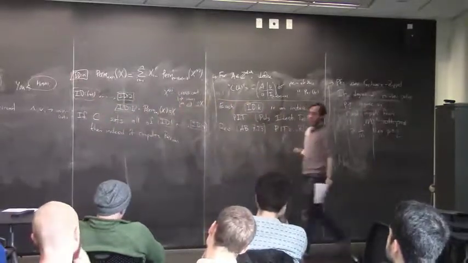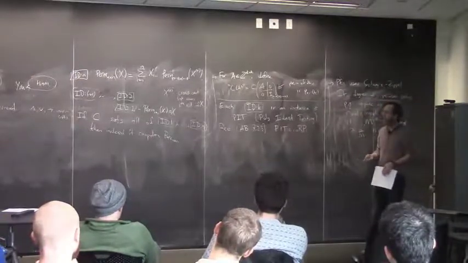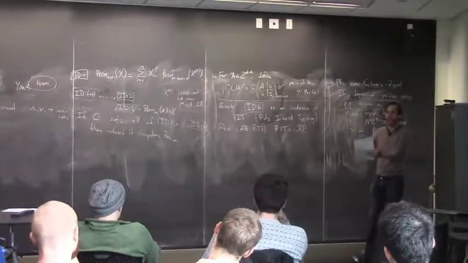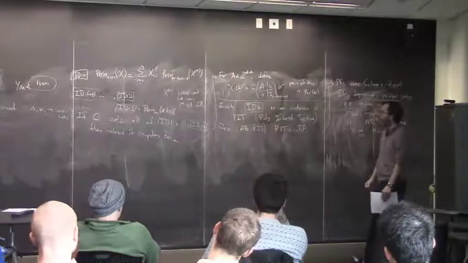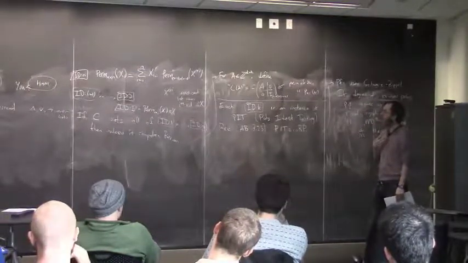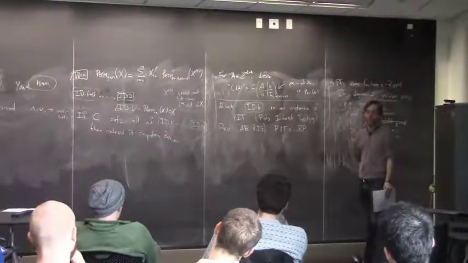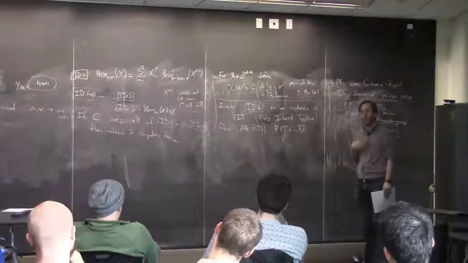Roughly speaking, if you do that, one of two things will happen. You'll either find a bug, and then you'll say, sorry, you gave me a bad circuit. Or you'll become convinced that maybe C does not correctly compute the permanent on every input, but it at least computes the permanent on almost all inputs, with high probability on a randomly chosen input.